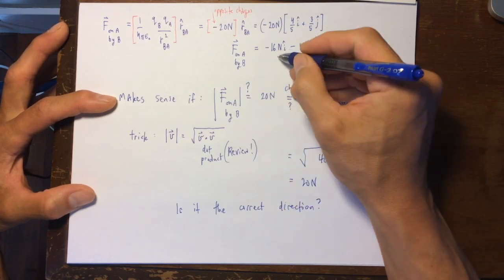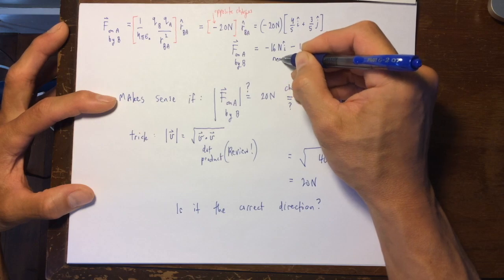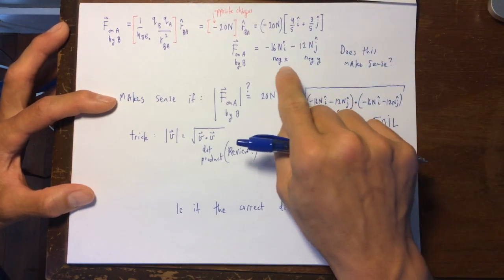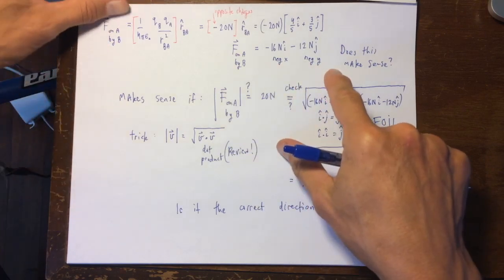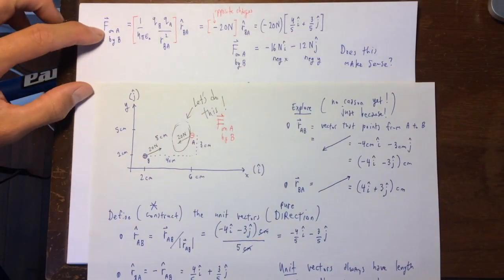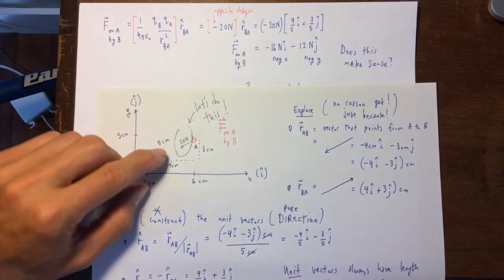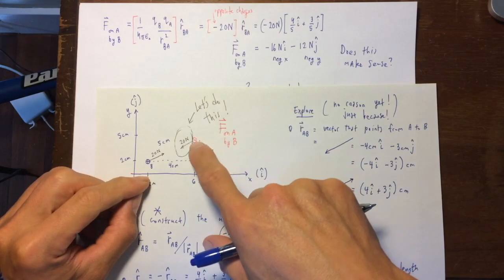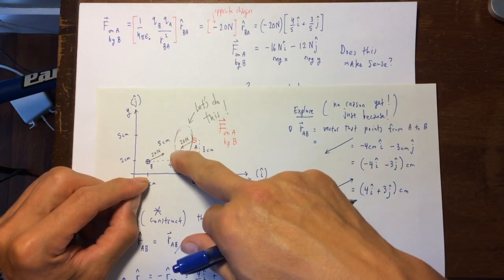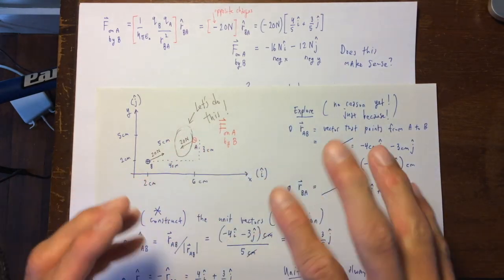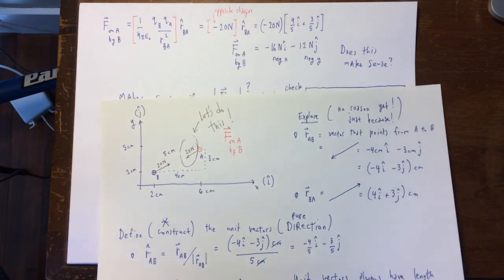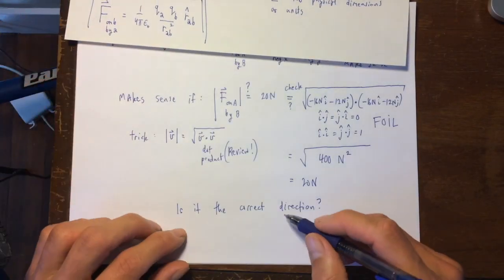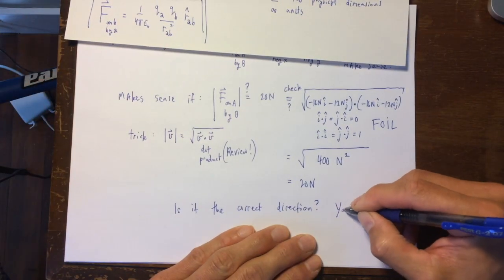This is negative in the x, and it's also negative in the y. So it looks like the right direction, because the force on A by B needs to point negatively in the x and also negatively in the y. It points towards the left and downwards. So it seems like the right direction. So the short answer is yes.